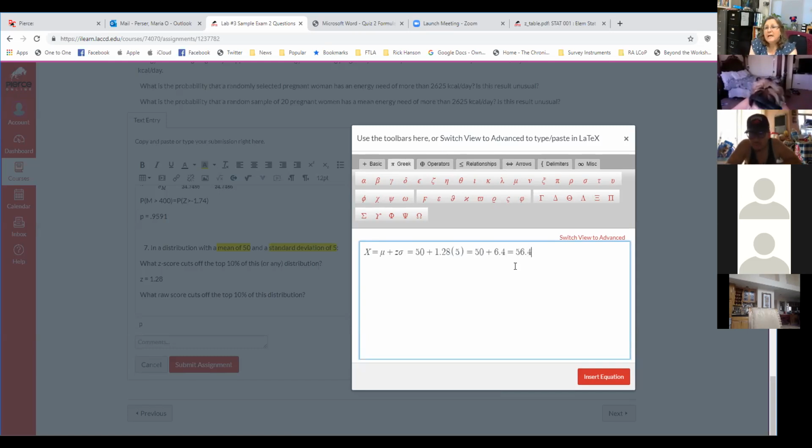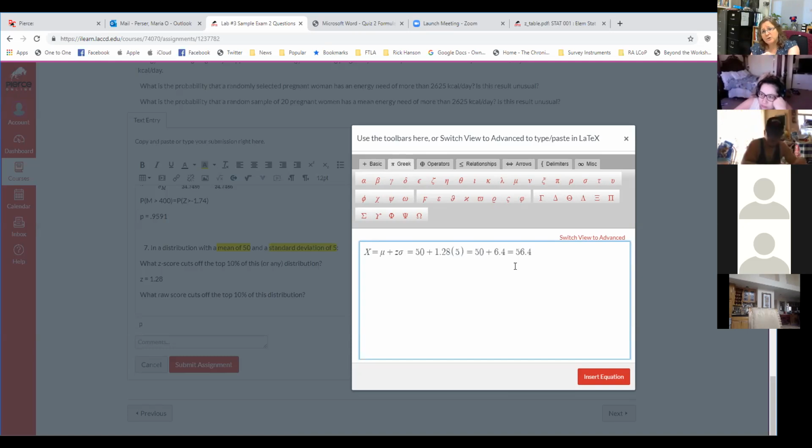So what this means, and it's important to understand what this means, is that this X value, 56.4, is what cuts off the top 10% of the distribution. Let's say that this is the ACT test, and we've standardized all of the national scores, and we want to know what the top 10% of that ACT distribution is.